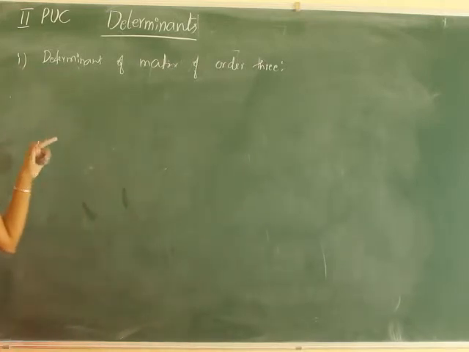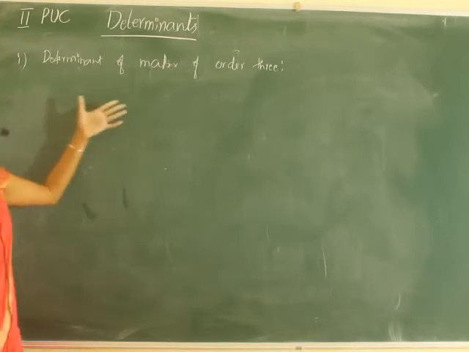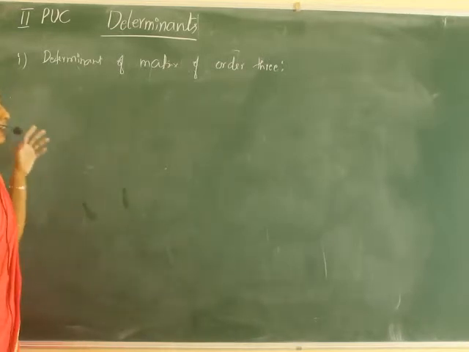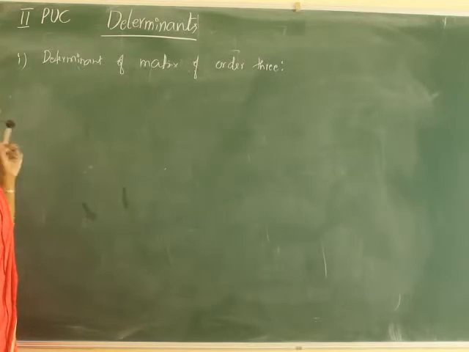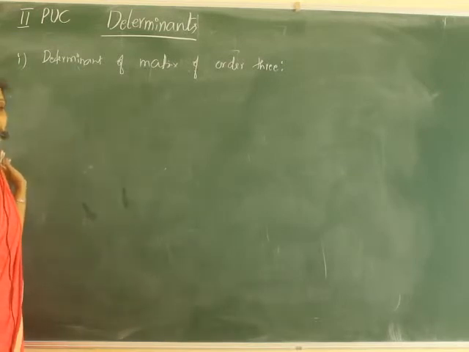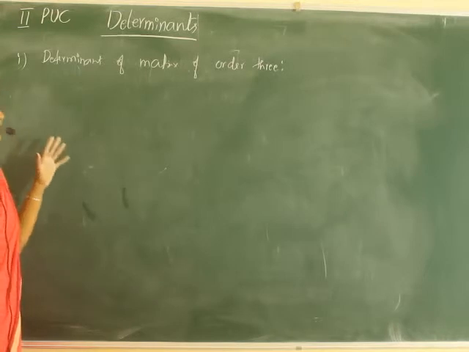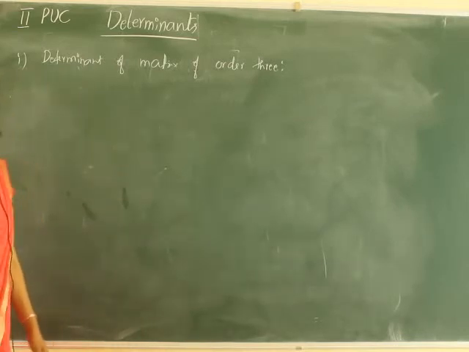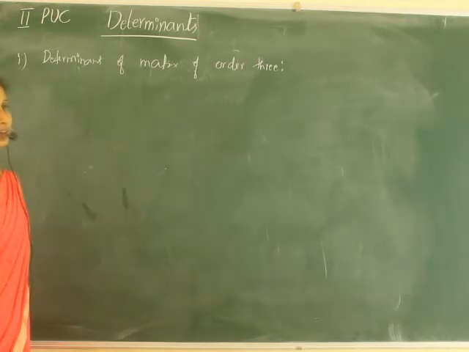Expressing it in second order determinants is known as expansion along a row or column. So that is the method to calculate the determinant of a matrix. Either we can expand along a row or along a column.